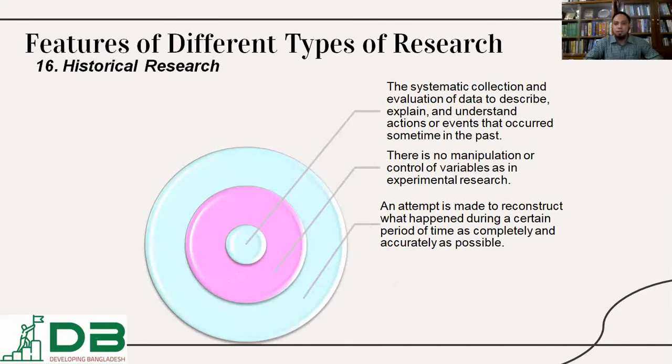Historical research. A systematic collection and evaluation of data to describe, explain, and understand actions and events that happened in the past. For example, we were discussing the causes of World War I, the First World War, and we also studied the causes of the Second World War.